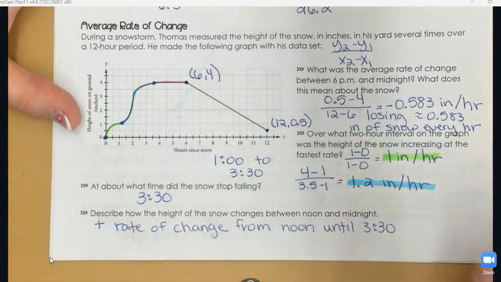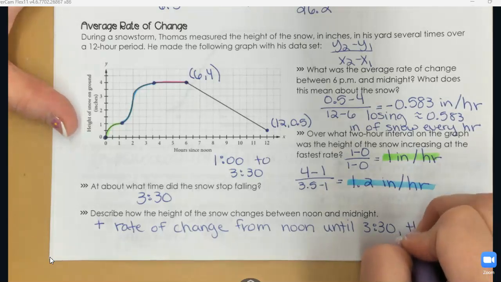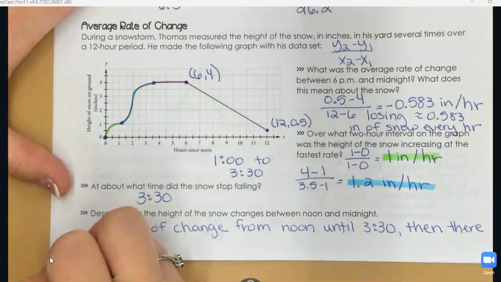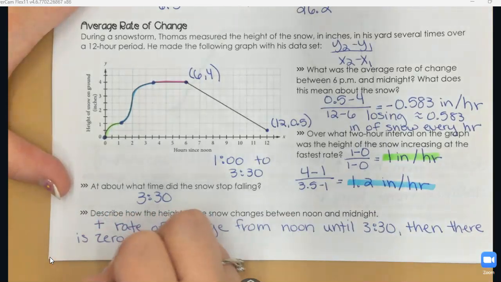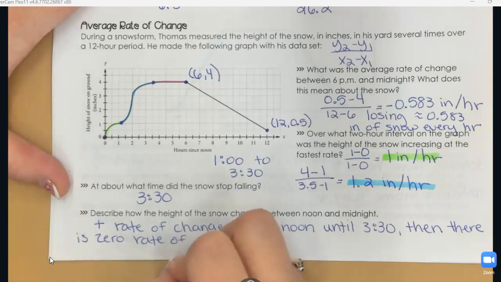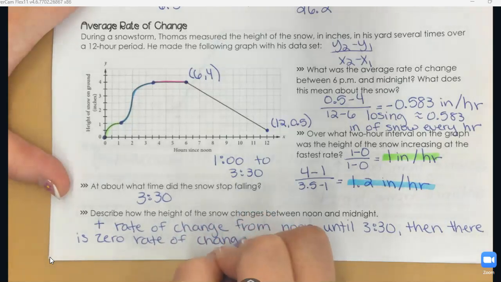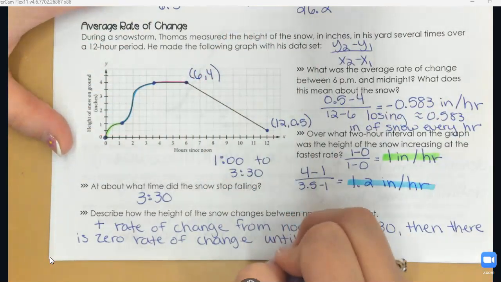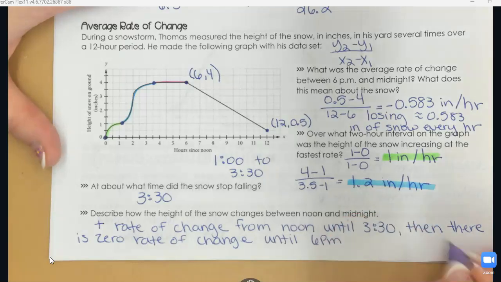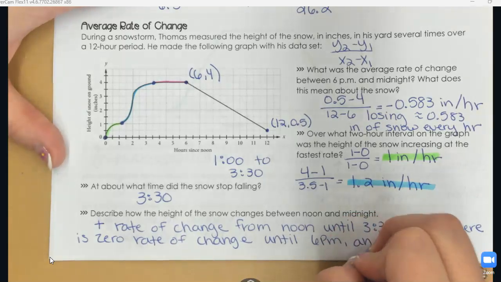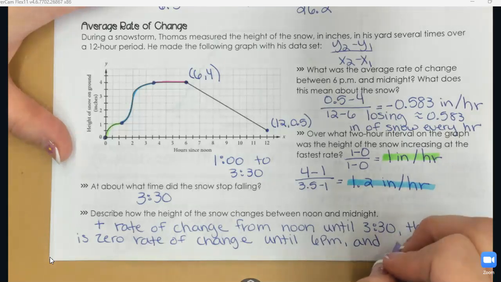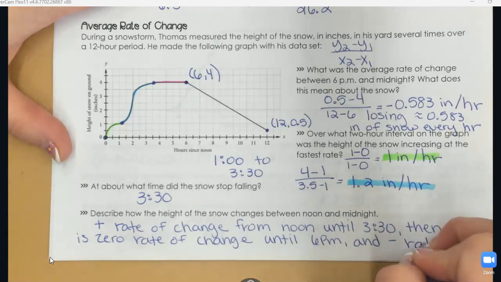Then there is 0 rate of change until it starts melting at 6 p.m. And it is a negative rate of change until midnight.